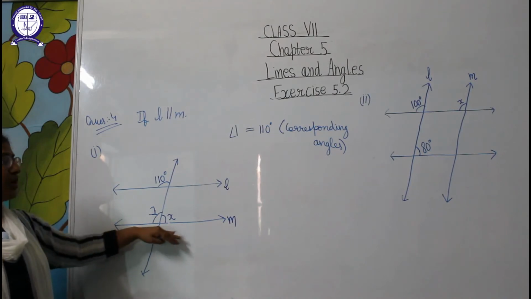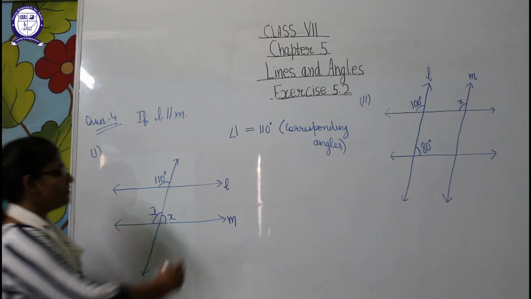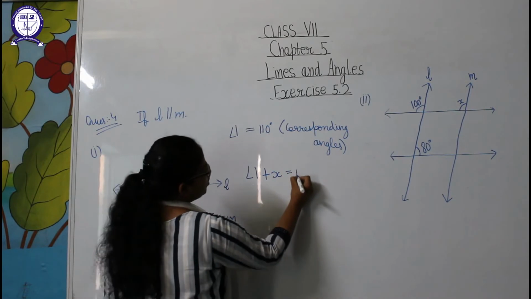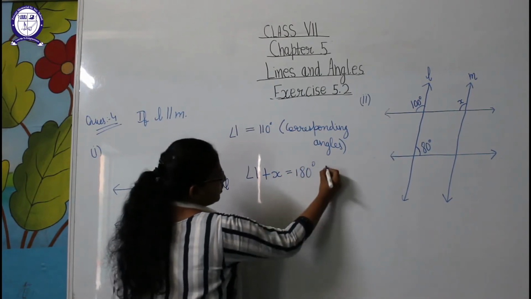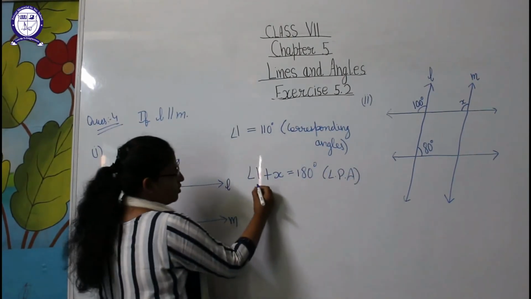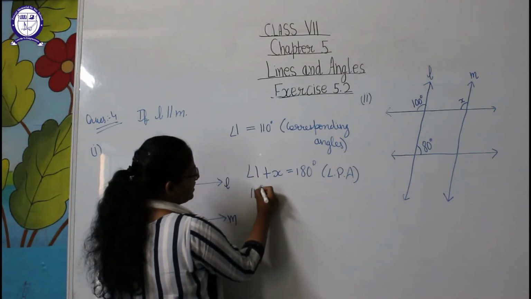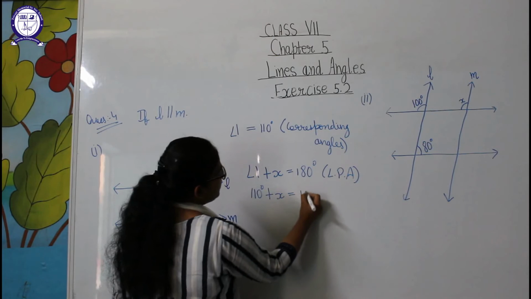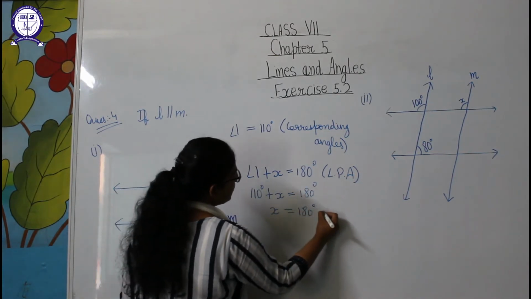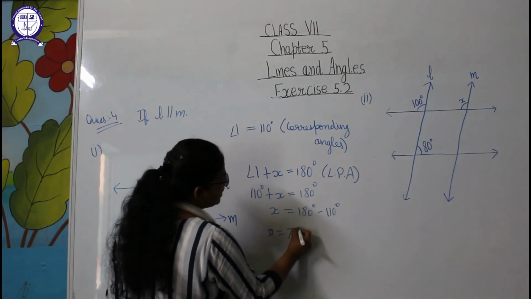We can say that these two are linear pair angles because they are on this straight line M. So we will write this angle 1 plus X is equal to 180 degree because they are linear pair angles. So value of angle 1 is 110 degree. So 110 degree plus X is equal to 180 degree and the value of X will be 180 minus 110. So value of X comes out to be 70 degree.